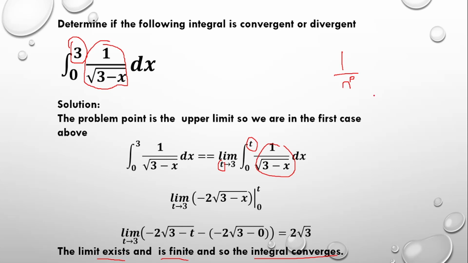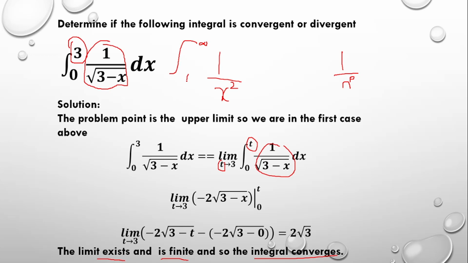When a question is given to you, for example, maybe 1 over x squared, they gave us this interval, and this is maybe from 1 to infinity. This is infinite because the interval is very huge.